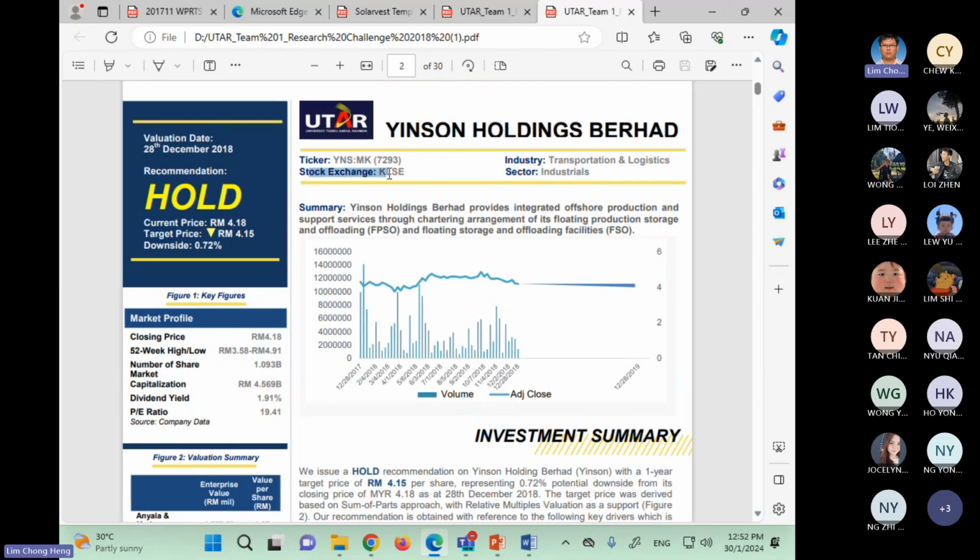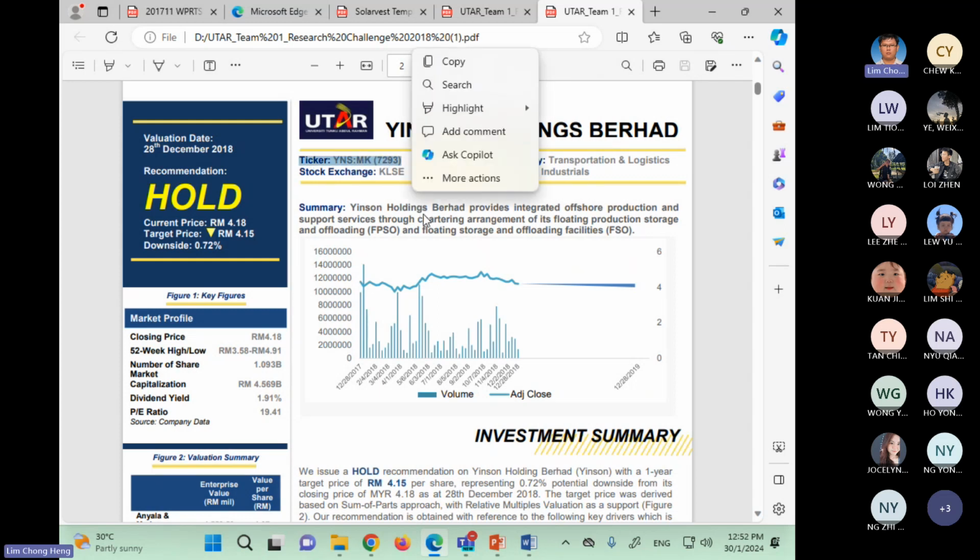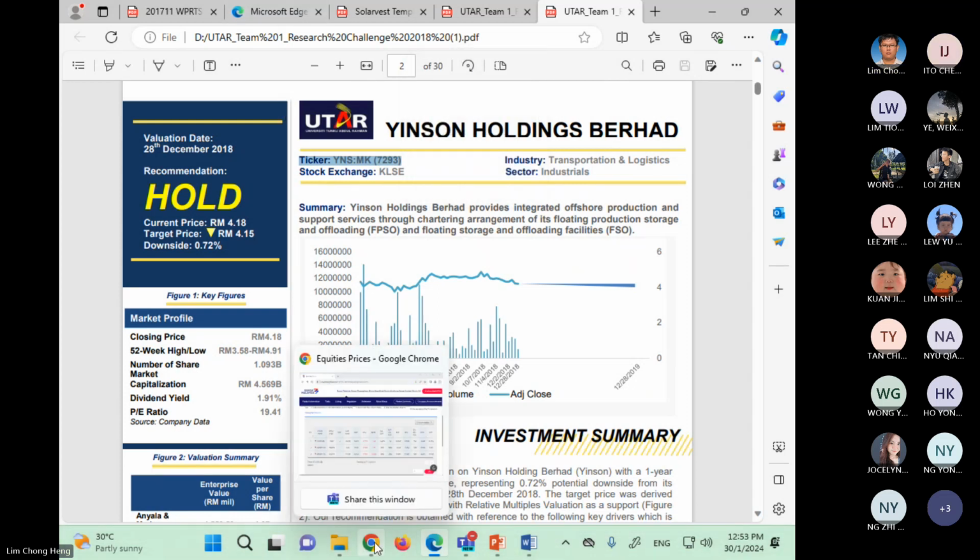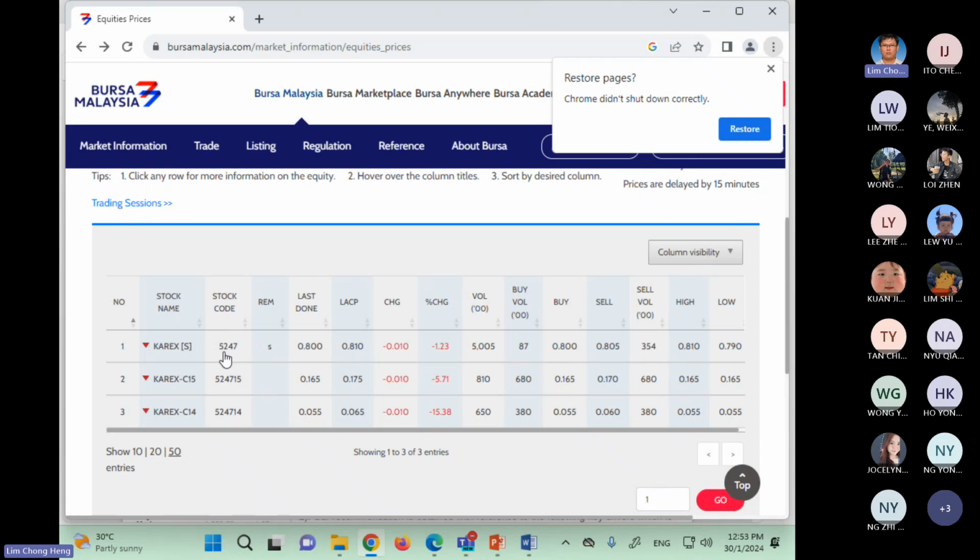You need to tell me this stock is listed at which sector and industry, and what is the ticker number. That means what? This number 5247 for CADEX.